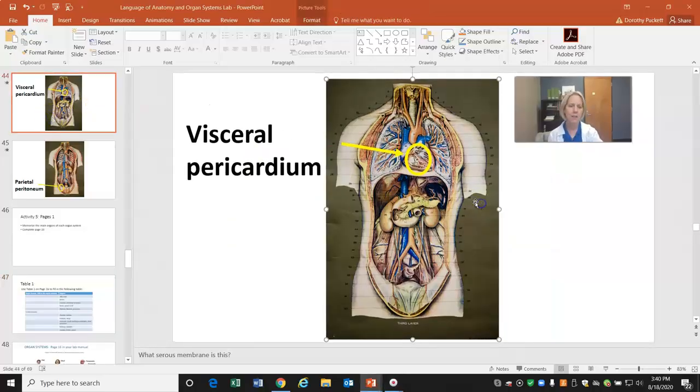If we go back to this picture, one of the things you'll notice here is you can see the lungs, and you can also see this structure here called the trachea. And it asks you in your lab manual to label the organs on page 23. So I want you to look, and I want you to see if you can find the trachea on that page.